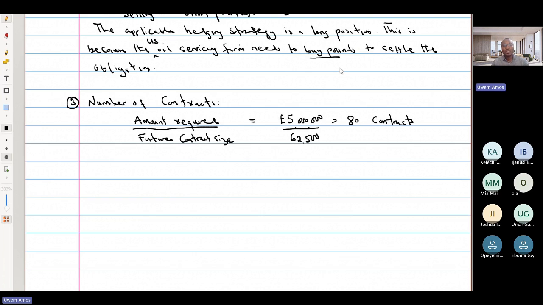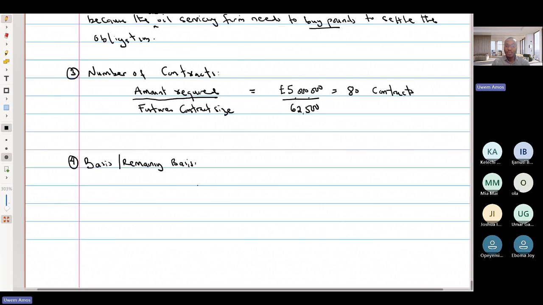Pay attention to this part because it's pretty straightforward, but it's important so you get the concept around it. So that is step 4, which is the concept of basis and remaining basis.